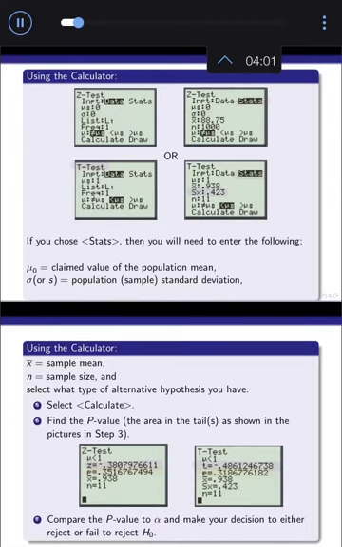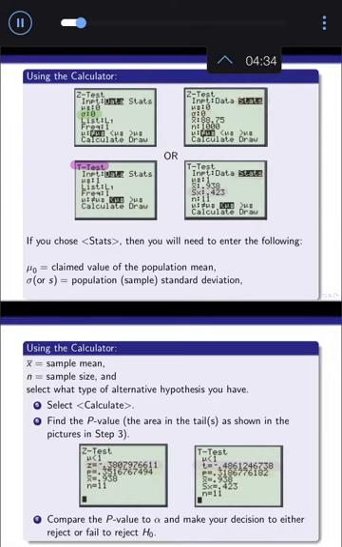That's going to be based on whether or not the problem gives us a bunch of data in a list. Then we'll use the data option. Notice, even if they give us data, if they do not give us sigma, we are stuck with a t-test. However, if they give us a set of data and they do give us sigma, we can enter it, and then we can still do a z-test.